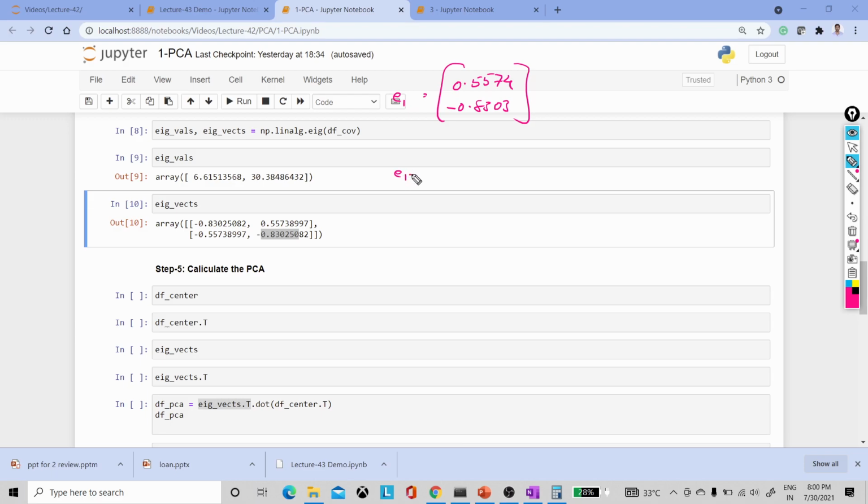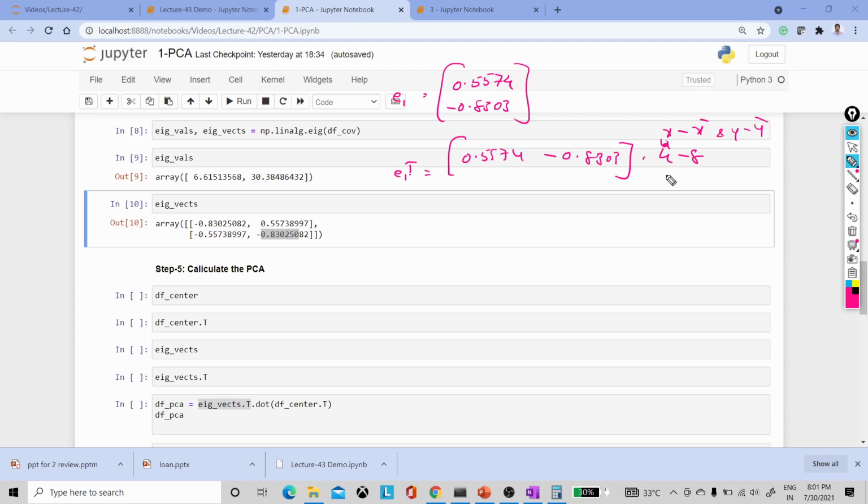So E1 into E1 transpose, which means 0.5574 minus 0.8303, multiplied with x minus x mean, where x is 4 and x mean is 8, and y minus y mean.